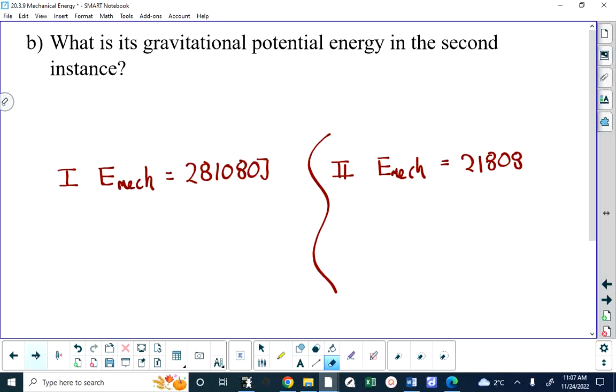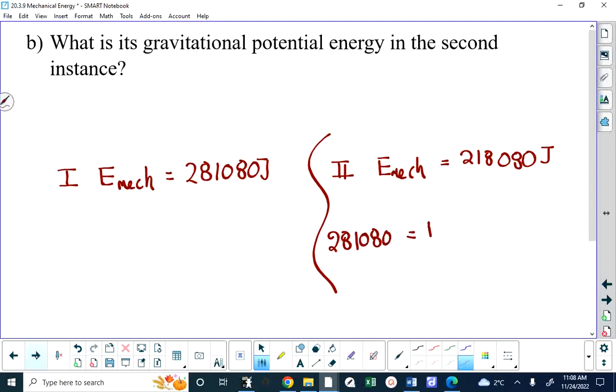Because there's no friction. If there's no friction as a force, there's no heat as a form of lost energy, which means mechanical energy is conserved. Well, this has to be equal to this 281,080, the potential energy it has plus the kinetic energy it has.